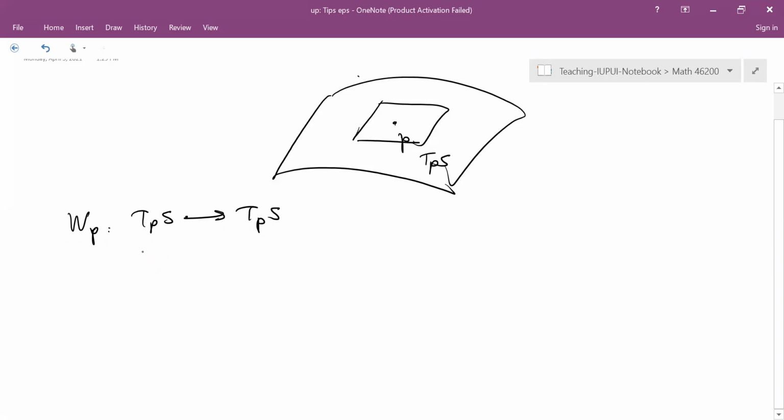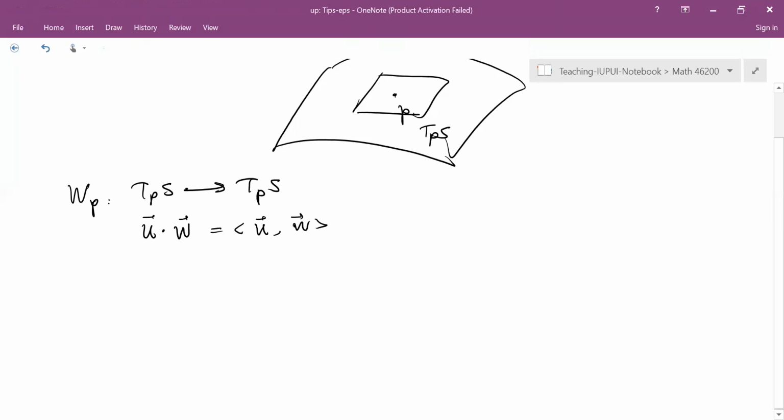There are a couple of ways to define the inner product. One is the usual way, the dot product, and this is also written in that form. We just view the tangent plane as a subplane in three-dimensional space.